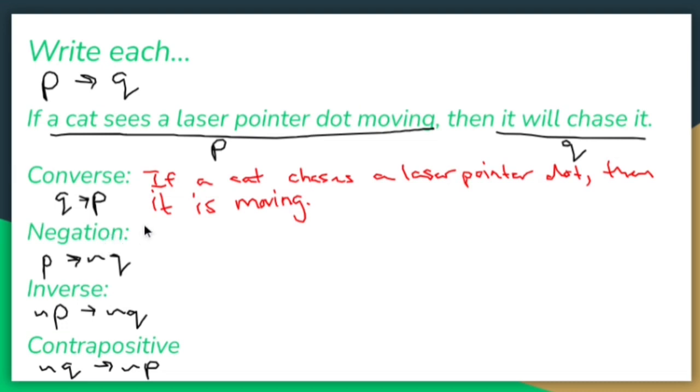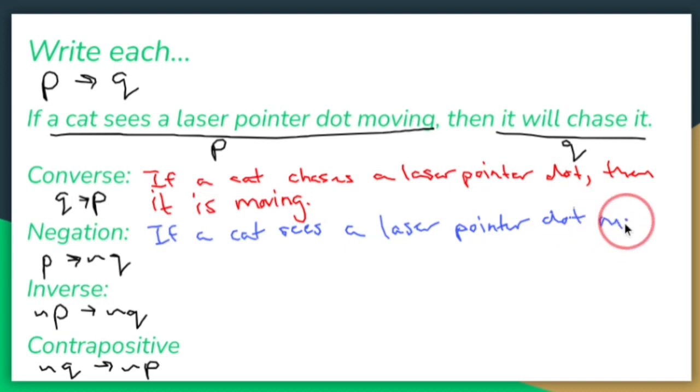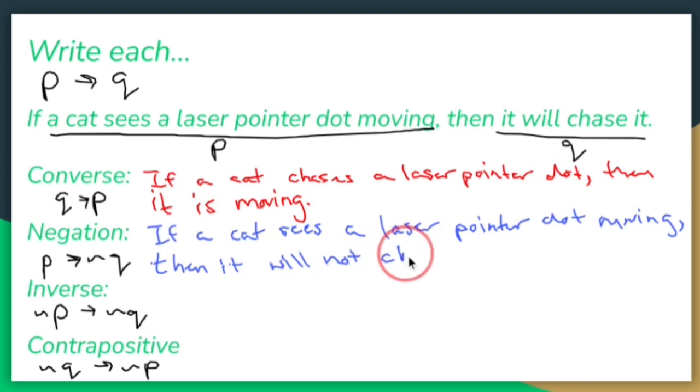Let's keep going though. Negation. So the first part doesn't change. If a cat sees a laser pointer dot moving, okay, so the first part didn't change at all, word for word, then it will not chase it.